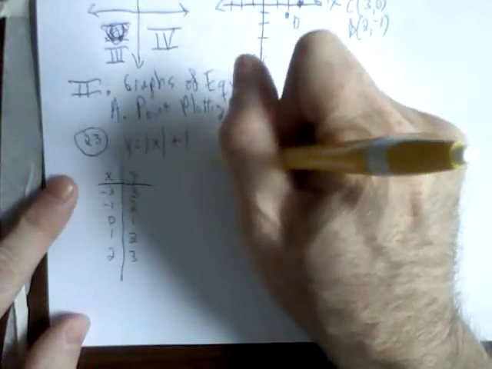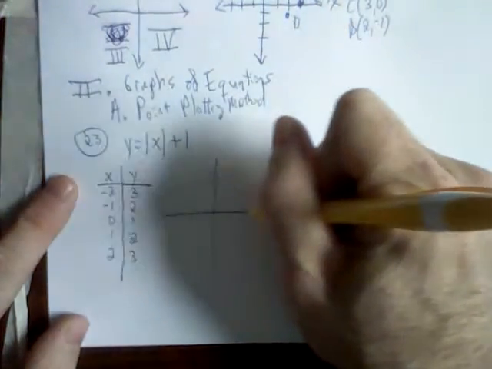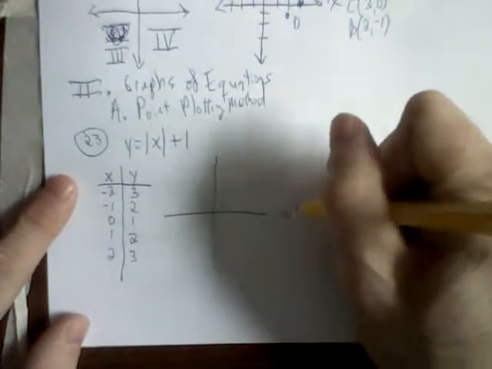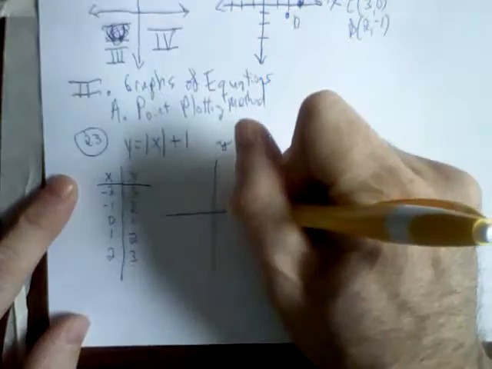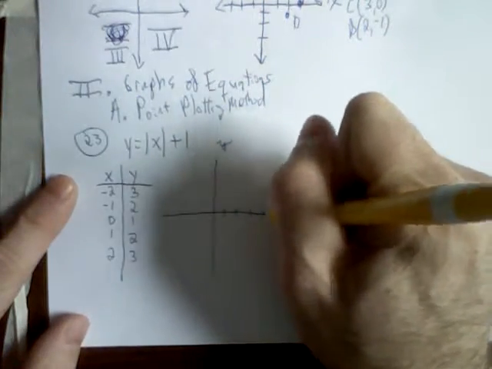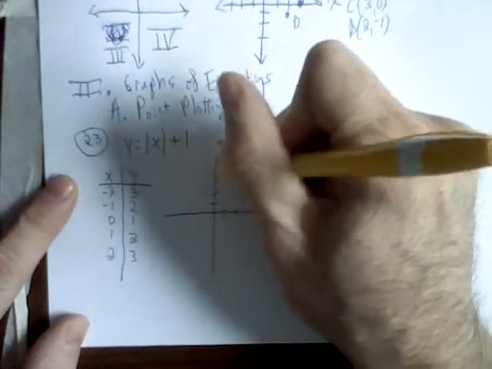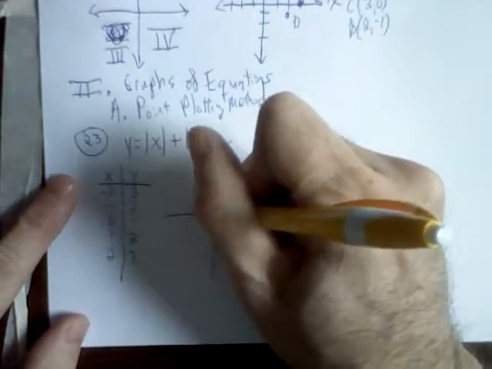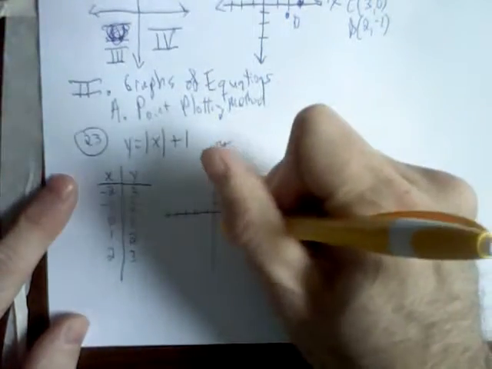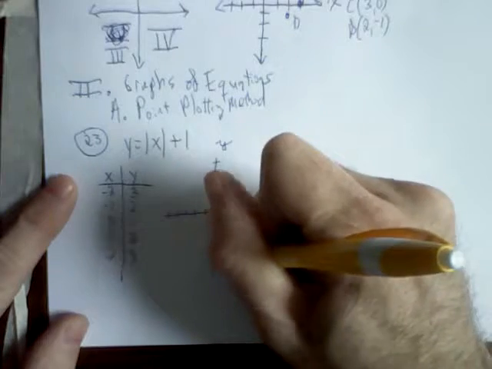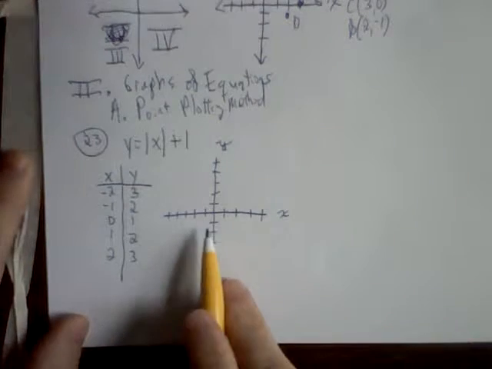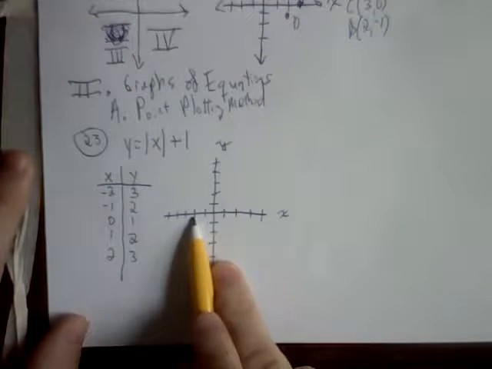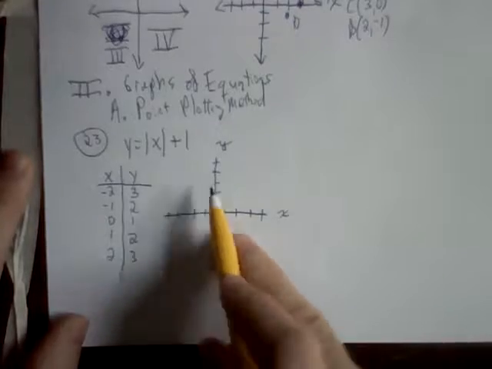Okay, so then we go to our XY plane. Here's my X, here's my Y. I need about 3 or 4 tick marks on each arm of the particular axes. Going negative 2, negative 1, 2, and then up 3. 1, 2, 3.